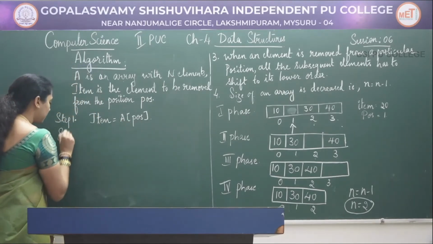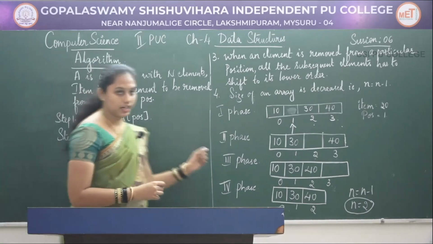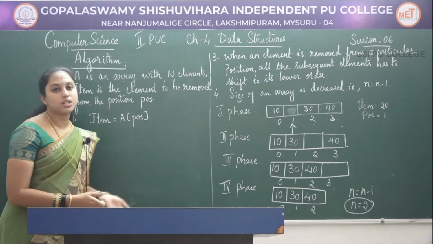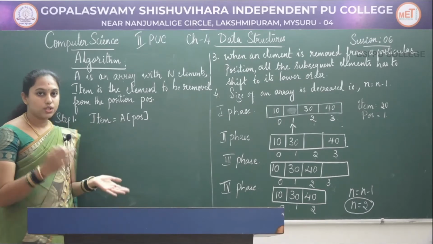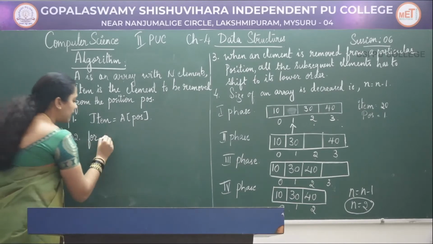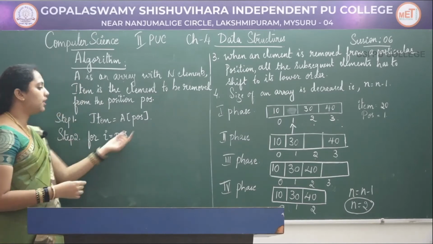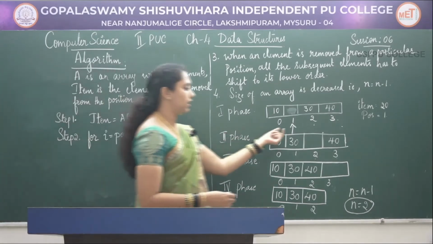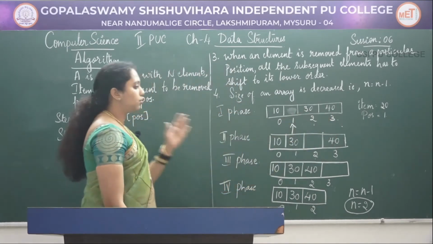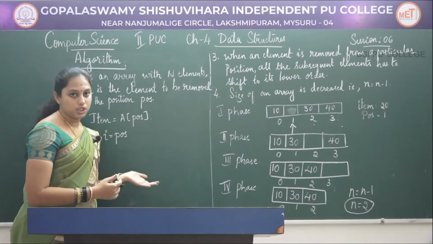In step 2, after removing an item from an array, we have to shift all the elements to its lower order position, right? So, for I is equal to POS, that is from the deleted position till the last position, we have to shift all the elements to its lower order position.